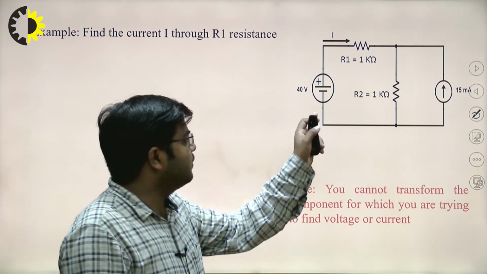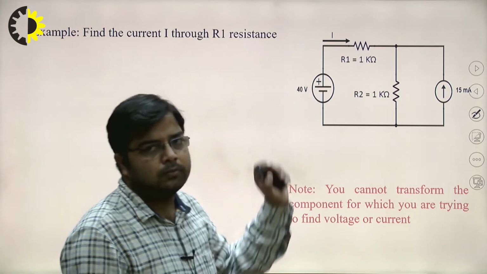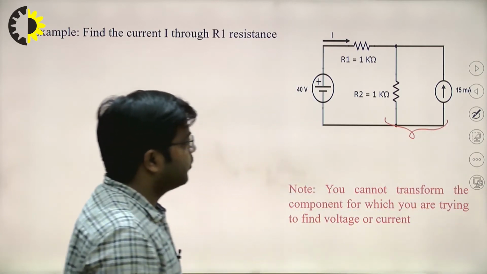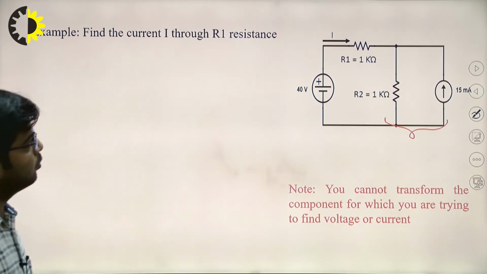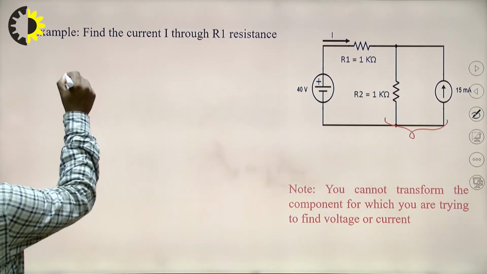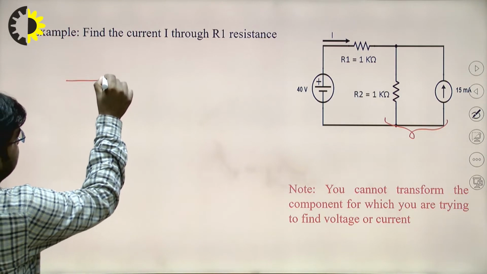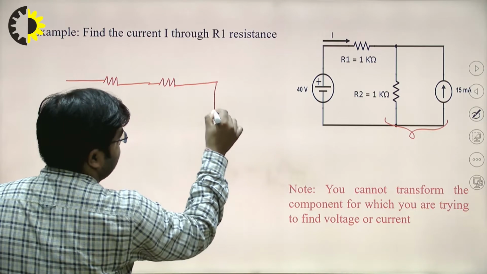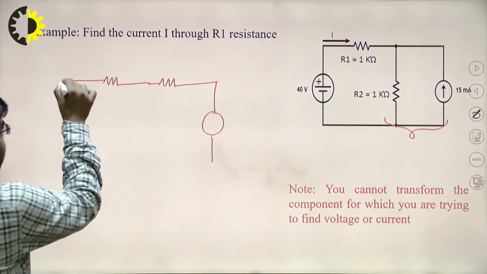So again, in this network you cannot transfer this voltage source. So here you can transfer this current source.